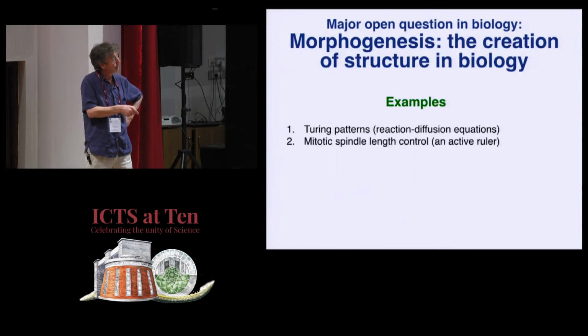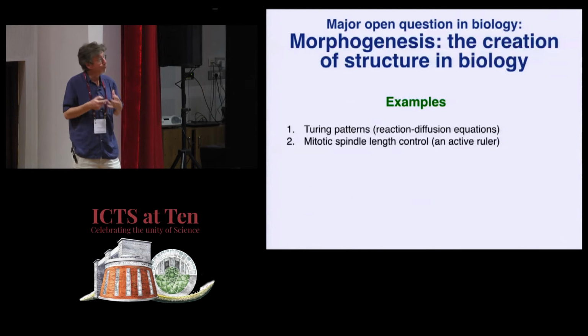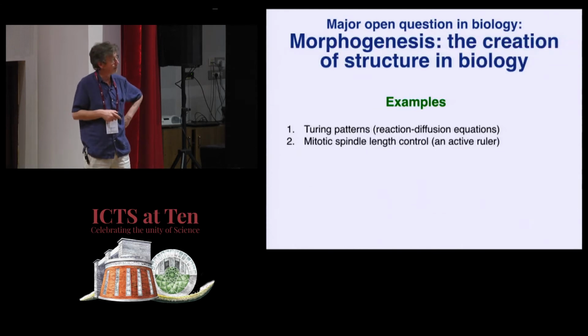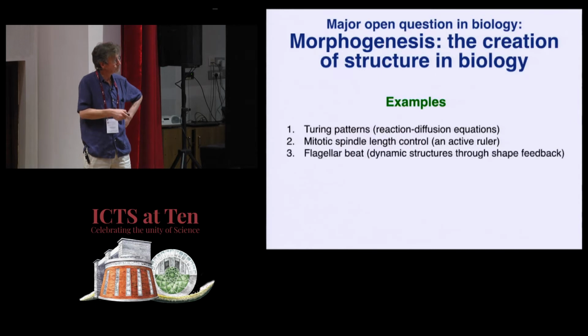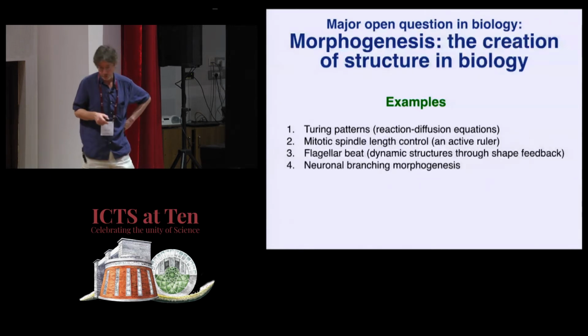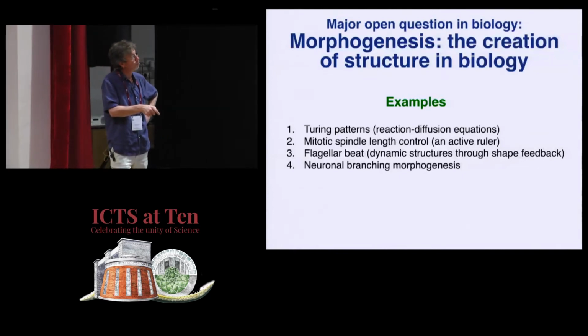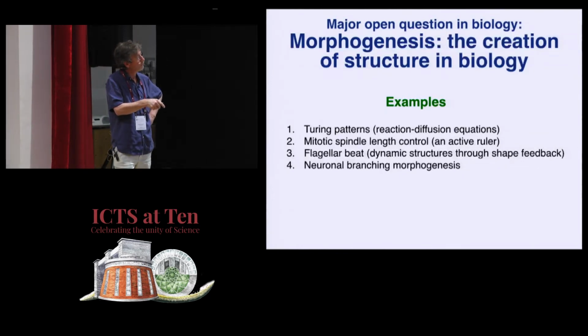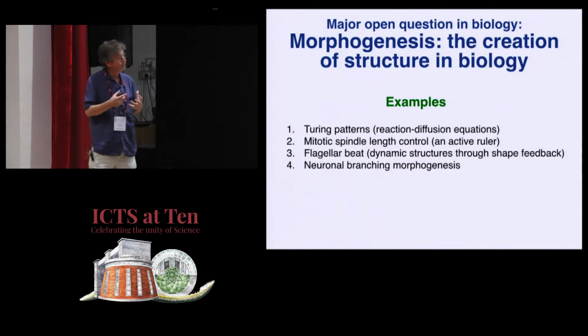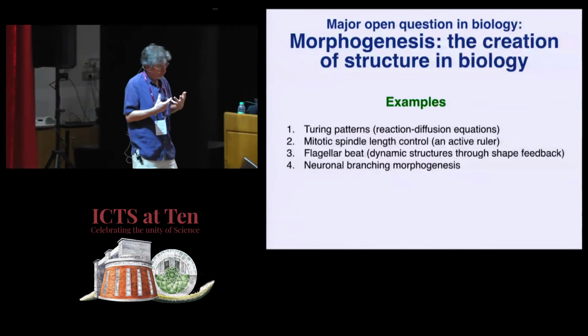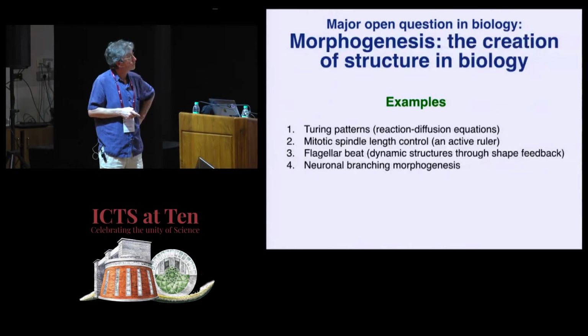I want to talk about mitotic spindle length control, so how cells use an active ruler to know how large cellular structures are. I want to tell about how the cilia beat or the flagella beat is generated, what I showed you in the first movie. And then finally, I'll talk about the branching morphogenesis of neurons, which is another microtubule-based structure process. So all of these are microtubule-based processes and driven by motors, which are my favorite molecules.